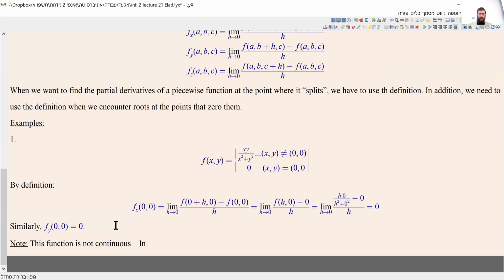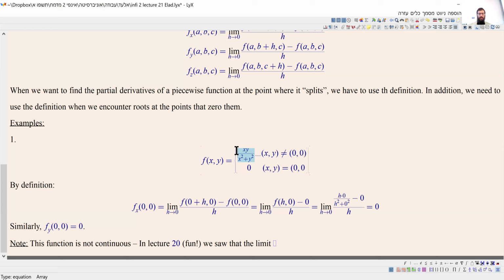In lecture number 20, we saw that the limit of this function where (x, y) goes to (0, 0) does not exist.